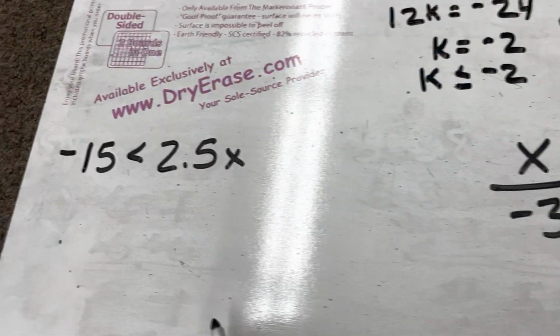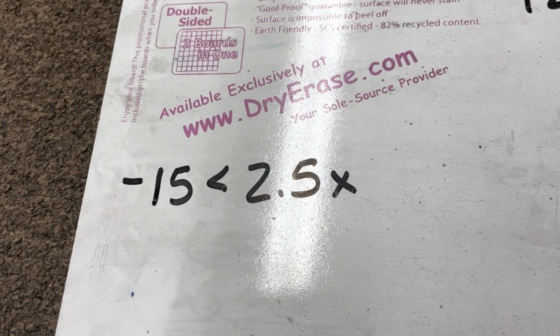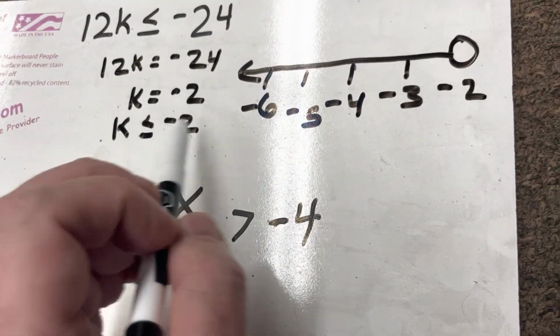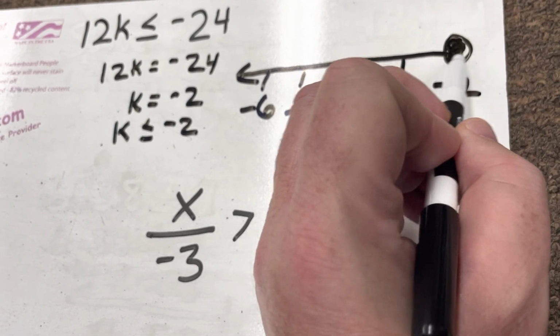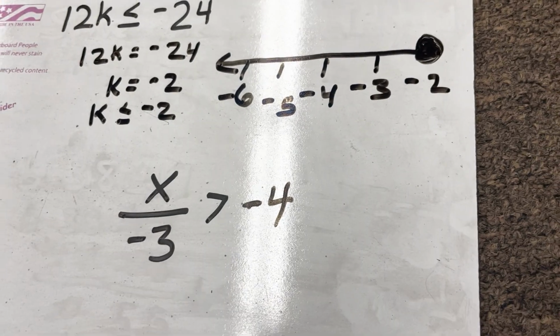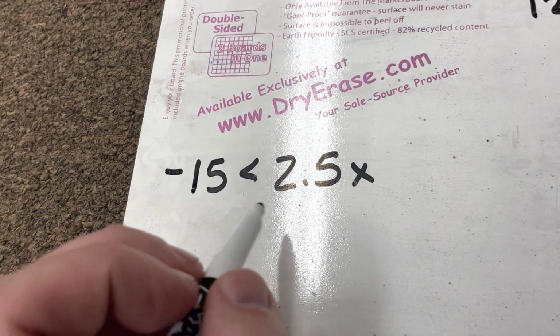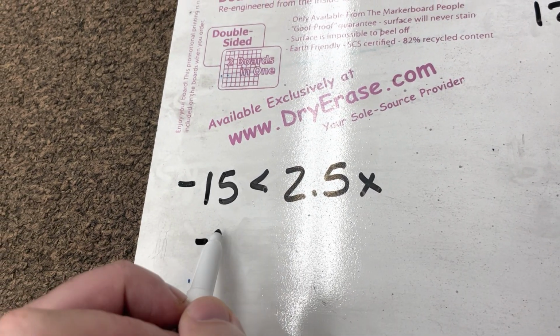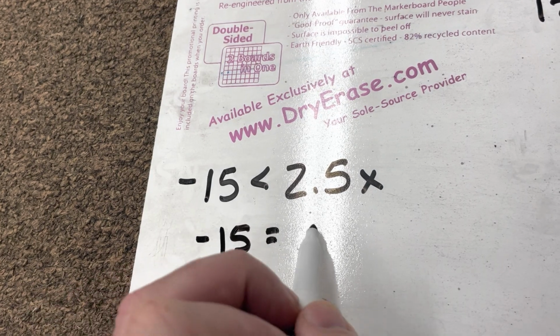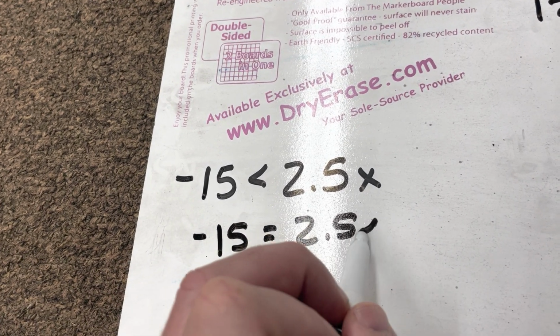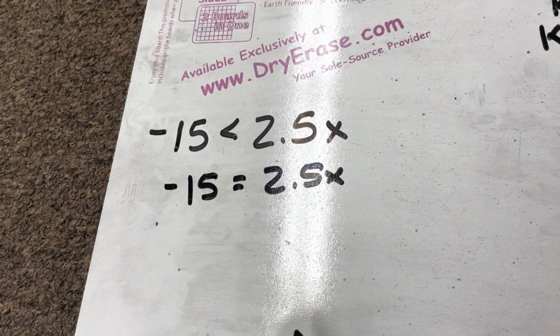All right? So, moving right along. -15 is less than 2.5x, but here, before I forget, it can be equal to -2, so I need to have a shaded circle. Two more. -15 is less than 2.5x, so we're going to make this an equation. -15 is equal to 2.5x.